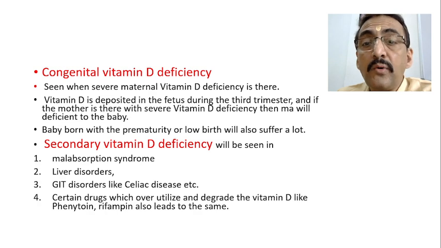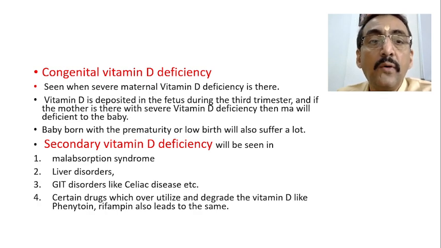Even the babies born with low birth weight, or the babies born with prematurity, will also have this problem. The reason is, prematurity means, you know, that in the third trimester, that means in the 8th month or 7th month itself, the delivery is taking place. We have just learned that in the third trimester the vitamin D is deposited in the fetal body.